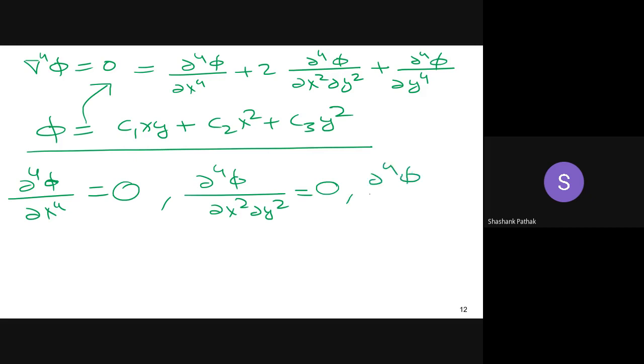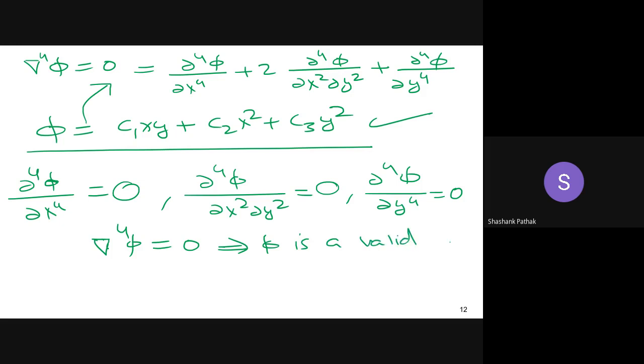And this term will also be 0. So basically, this kind of function is satisfying this equation. So it means phi is a valid Airy stress function.